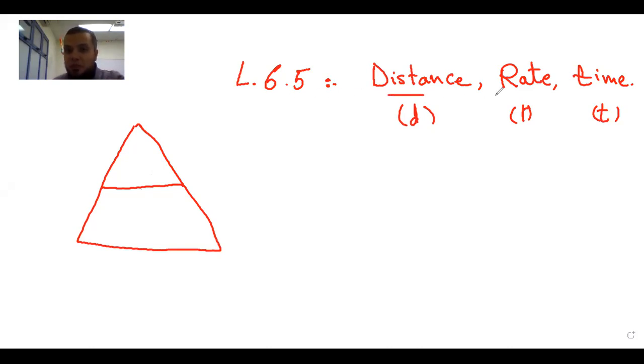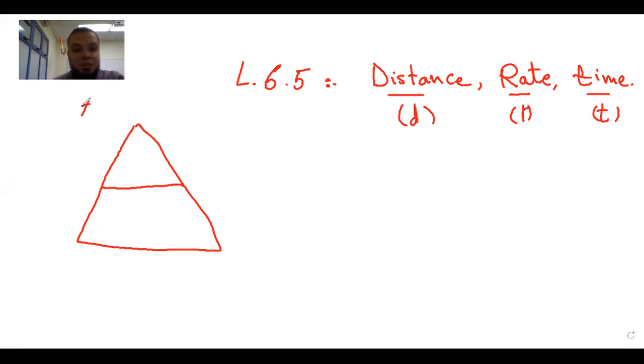Lesson 6.5, distance, rate, and time. Abdullah, the first letter here is D for distance. So I choose a sign like D. And here R for rate, T for time, right? And we're going to organize them in that triangle rule.